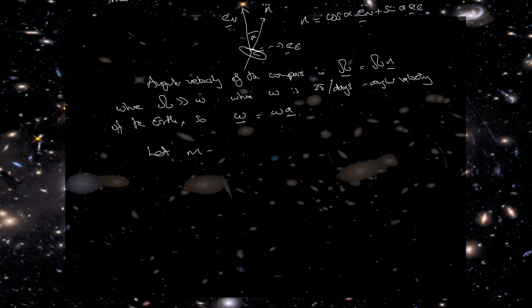Let m be minus sine alpha E north plus cos alpha E east. So this is orthogonal to n, and also it is orthogonal to Ez, and m squared is 1, so it's of unit length.